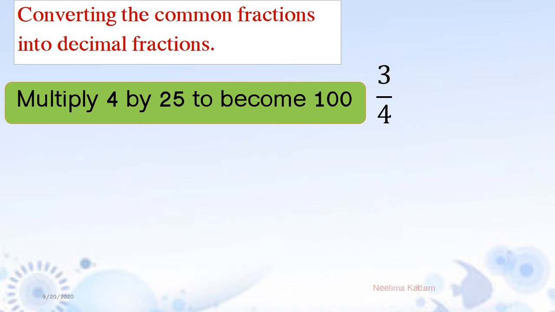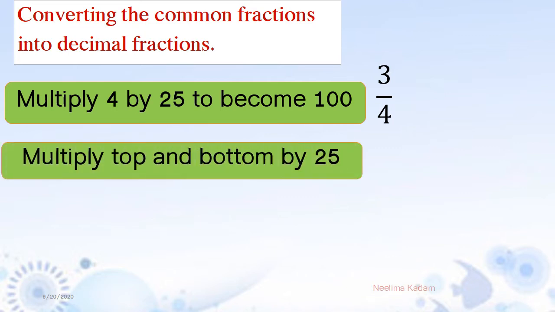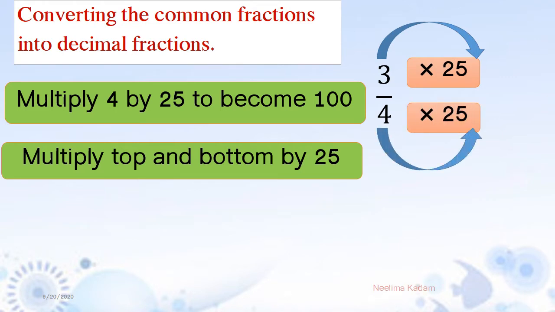3/4. Now here in the denominator number 4 is there. So we have to multiply 4 by 25 to become 100. Then multiply both numerator and denominator by 25. See here, 3 into 25, 4 into 25. So it is 25 3s are 75, 25 4s are 100.